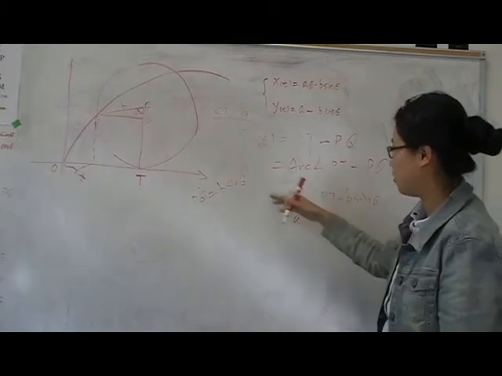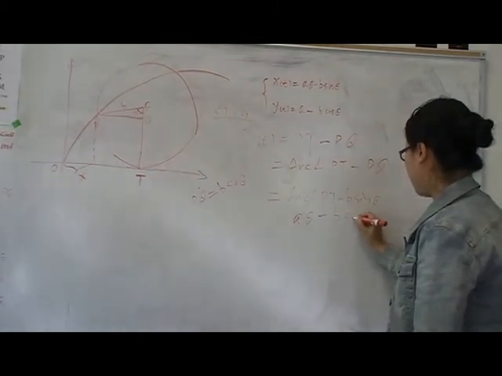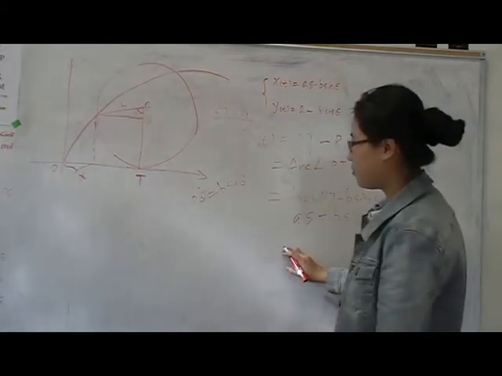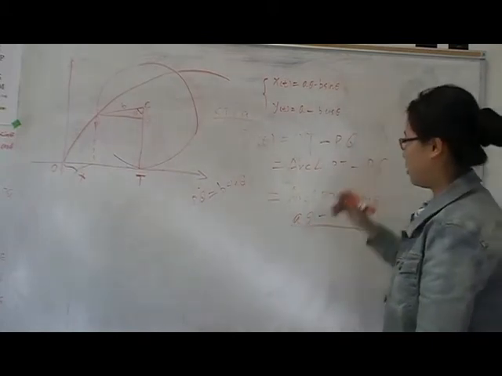A, by the way, is the radius, minus B sine theta. So yeah, we proved x(t) already.